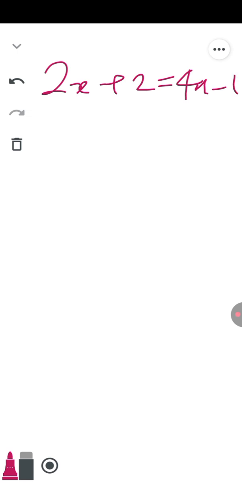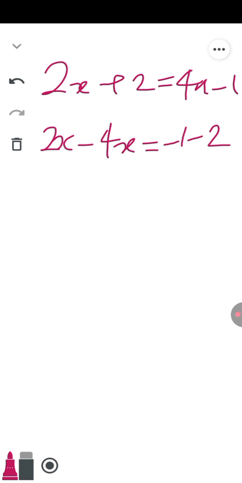What if I have 2x plus 2 is equal to 4x minus 1? So what do I do here? First of all, I collect like terms, right? So I will have 2x minus 4x is equal to minus 1 minus 2.